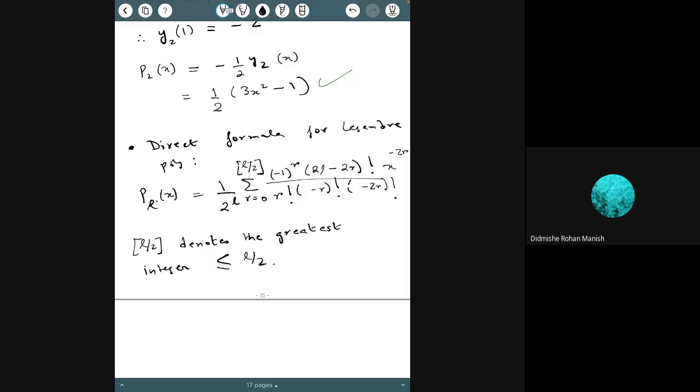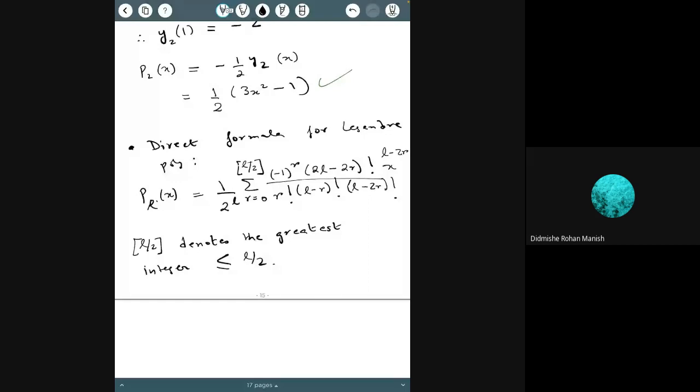Okay. 2L, 2L, this is L, this is L. I hope all the n's are now L's. x to the power L. Did I get all the n's? Let's see. P_L to the power L. This is L. This is L.